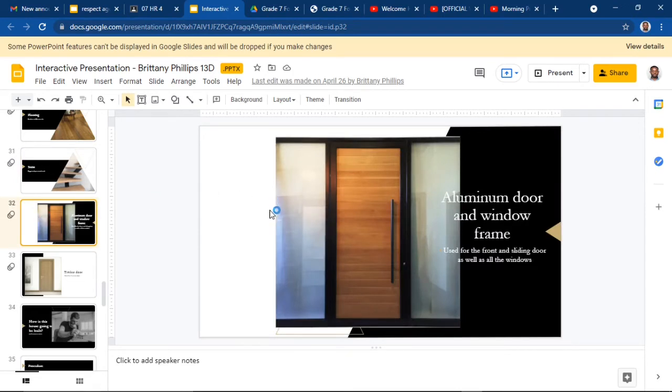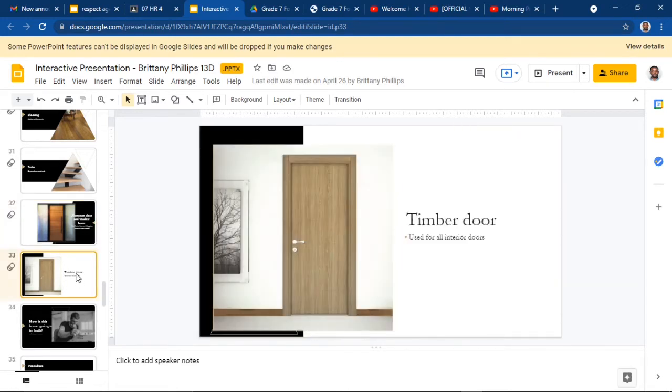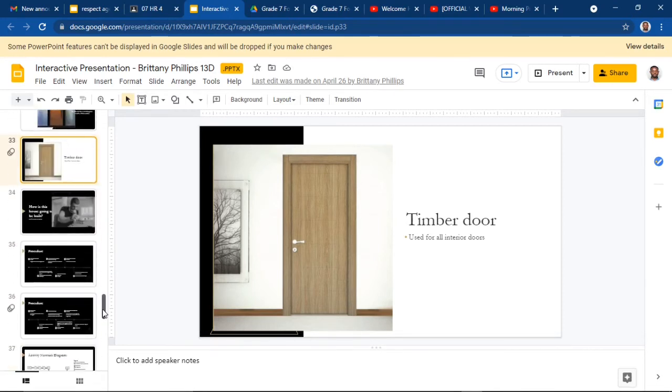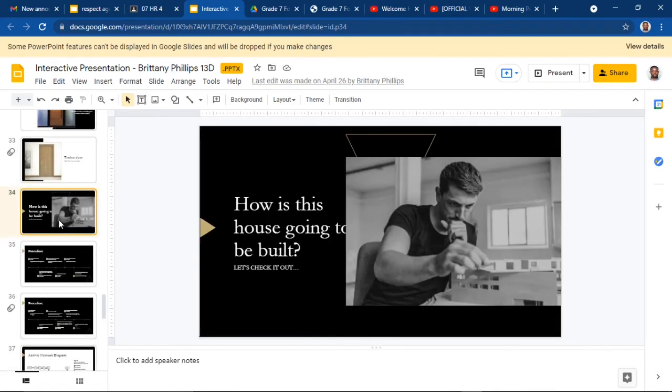Type of door, aluminum door and window frame, justify your choice. Why did you go with aluminum instead of any other building material? All right. Timber doors, why did you choose timber doors? You explain the process as well, because this is something that is different for grade 13.